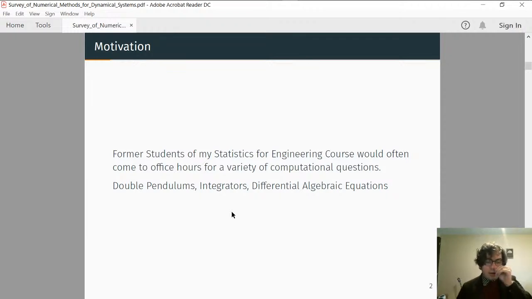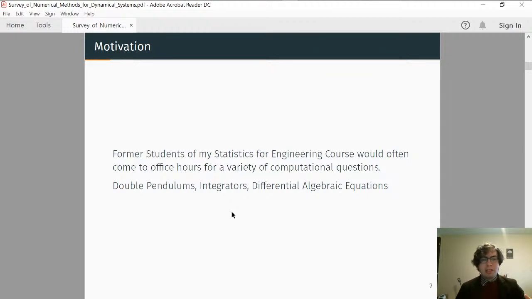And something I noticed after those engineers would graduate, leave my class, do well in it, is they'd get to their other classes, their dynamics classes, their laboratory classes, things like that, and they would need a rather large variety of additional tools that were kind of assumed knowledge. There are things that you kind of need to know, but no one has time to teach you, right?